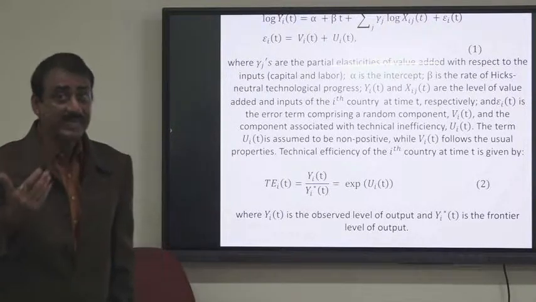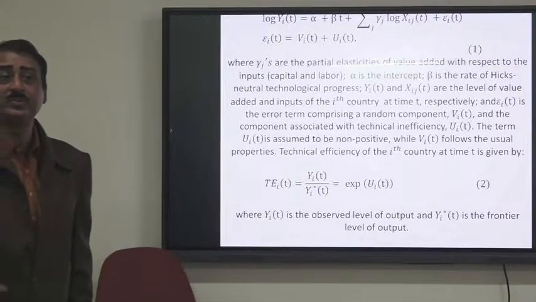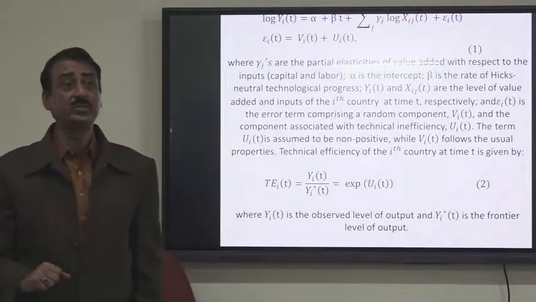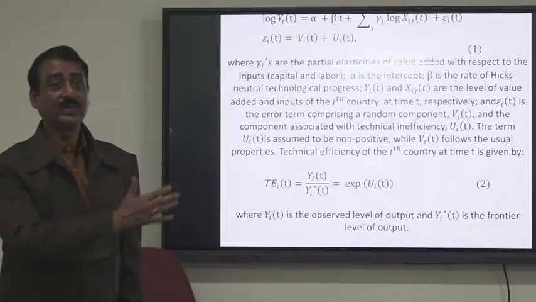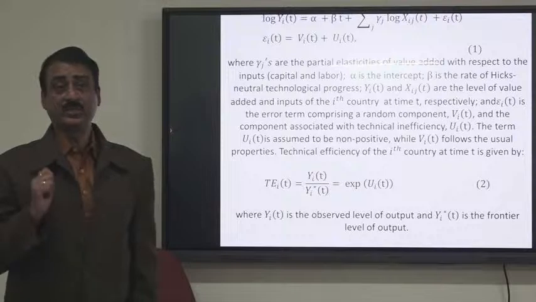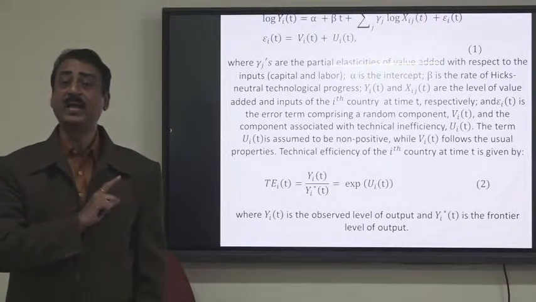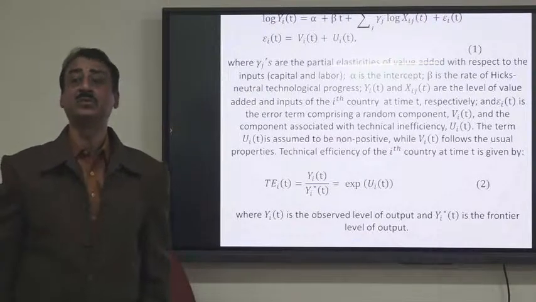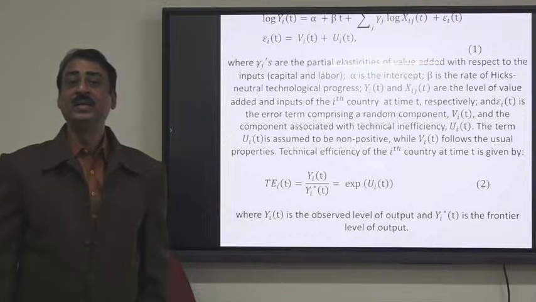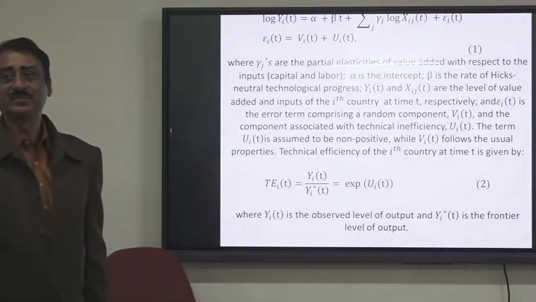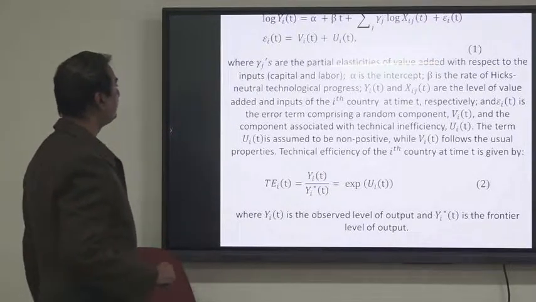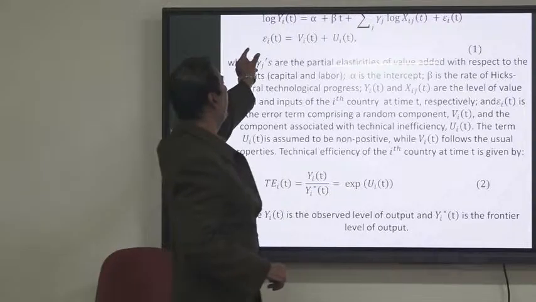You have to believe that it follows either a half normal distribution, or an exponential distribution, or a gamma distribution, the positive distributions. But here, when you are dealing with panel data, you don't have to subscribe to that kind of assumption. It is all in relative terms. You will estimate this equation, and then you will get the error terms.